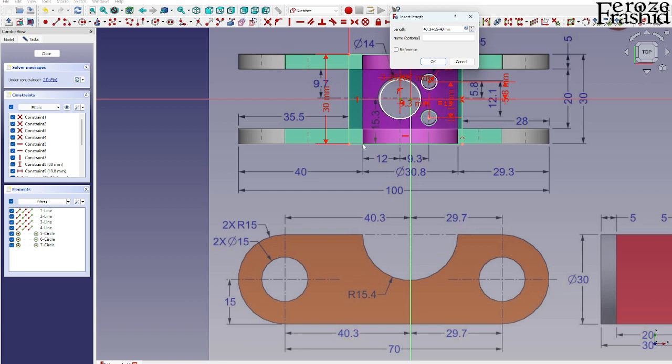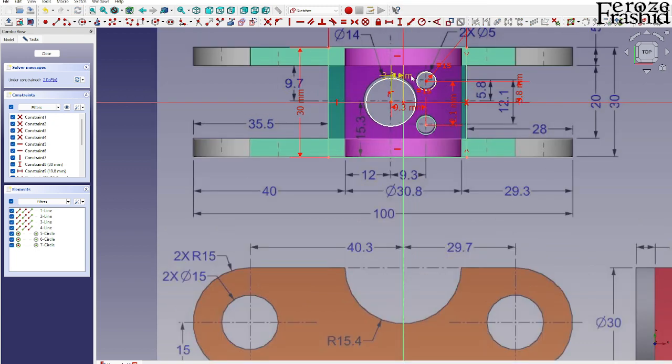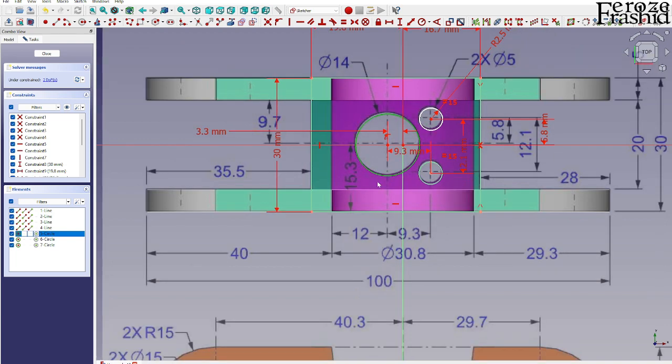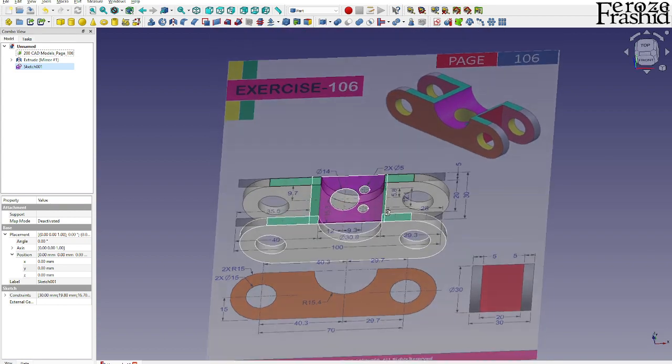Now we are here. From there we bring it back 12 more. So 3.3 millimeters should have been given right there. Anyway, the only thing left is this diameter, which is 14, and looks like we have one missing: we will have to place these two centers on the same vertical plane, and that is done.